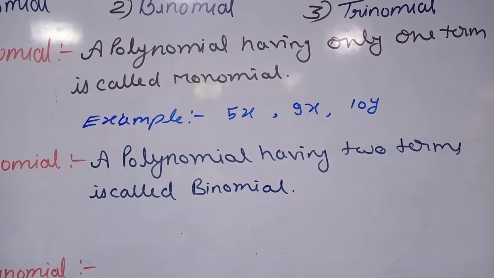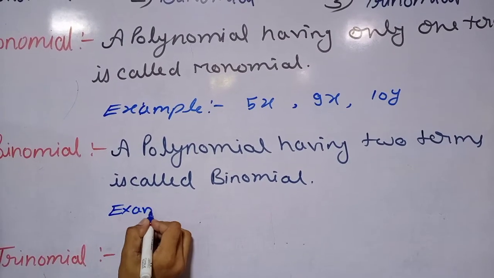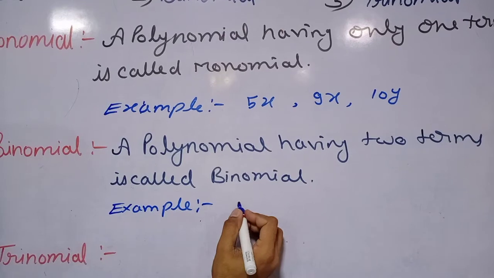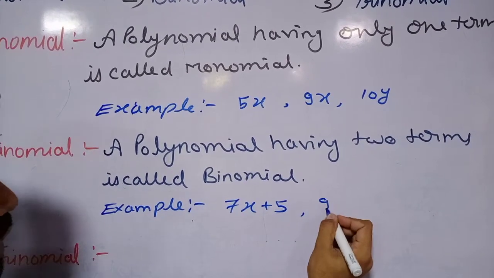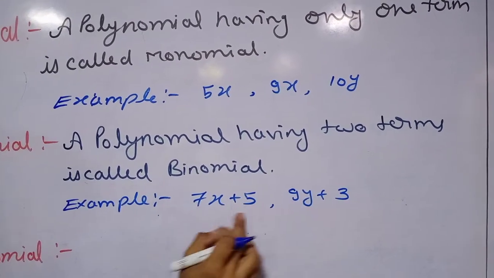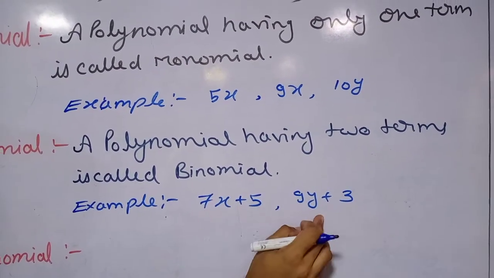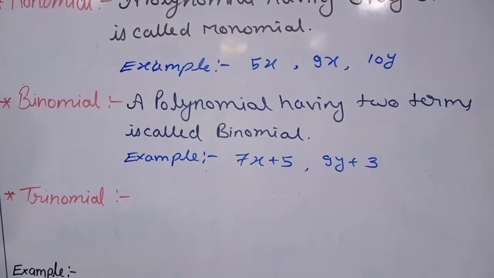Yes, for an example, here we have 7x plus 5 or 9y plus 3. So in each and every example we have two terms. So whenever we have two terms, that is called binomial. The next one is trinomial.